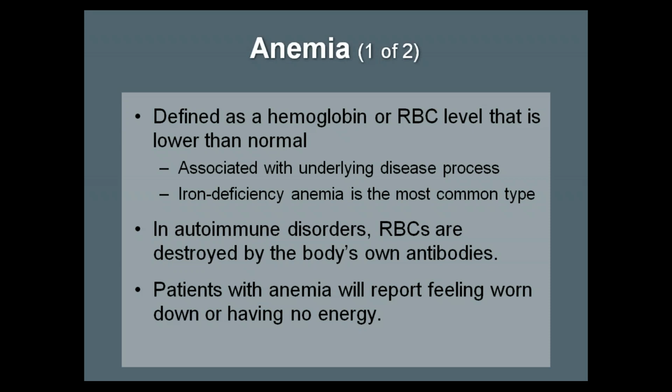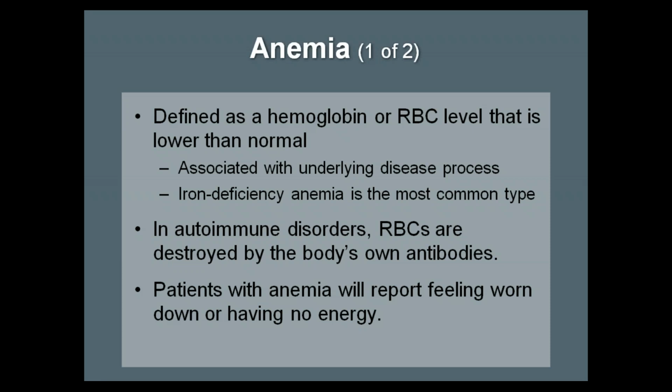So again, many of these people are going to know, but people can become acutely anemic without knowing why, or without having a history of it. So it could be an autoimmune disorder, and oftentimes patients with anemia will just feel general malaise. They'll feel lethargy.